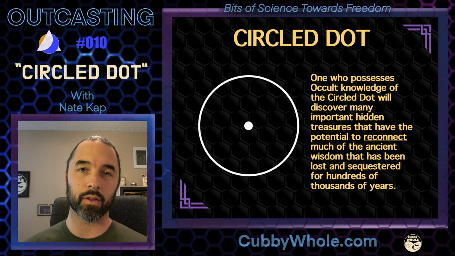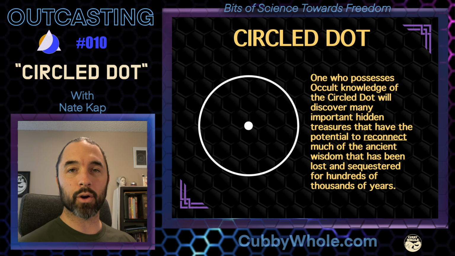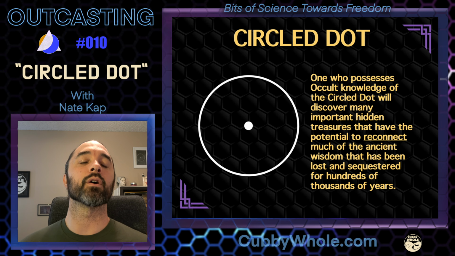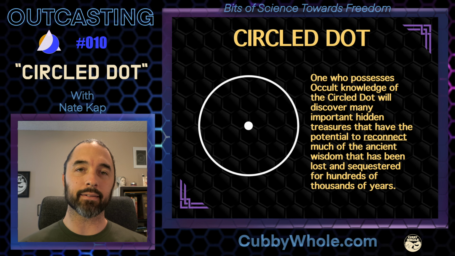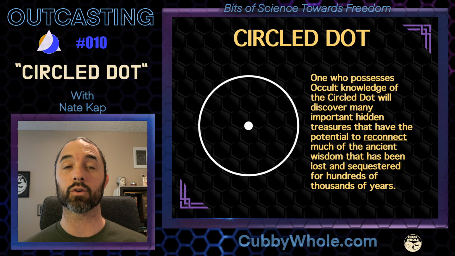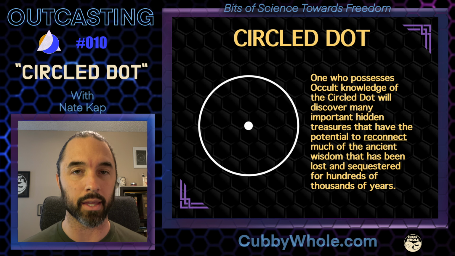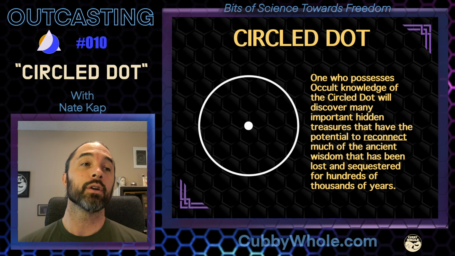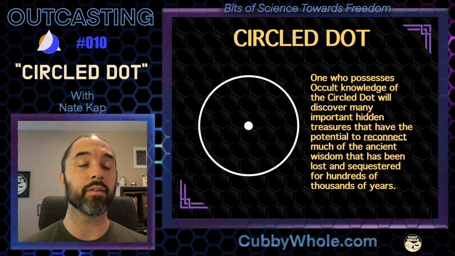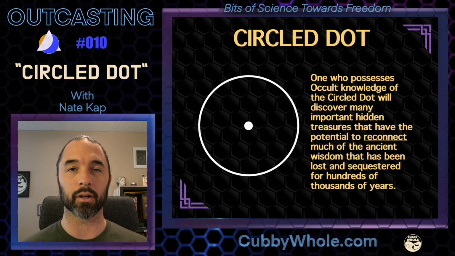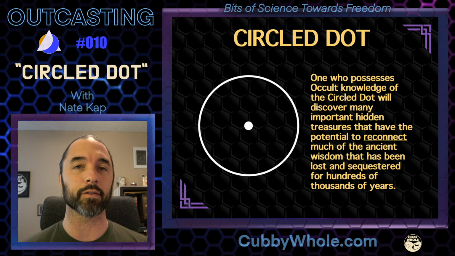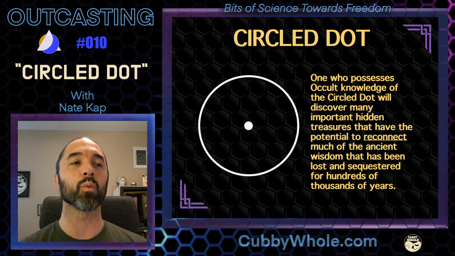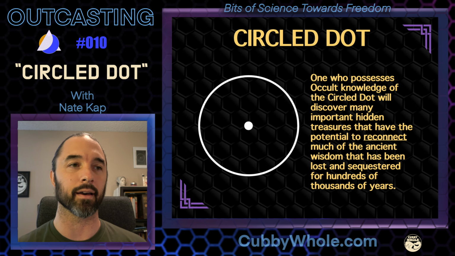Once we have brought that type of knowledge to this circle dot, we start to reveal the ancient wisdom. We start to unveil some things that probably are not going to be found anywhere in a textbook, because the symbol itself is so simple that we don't have words to describe some of this stuff.